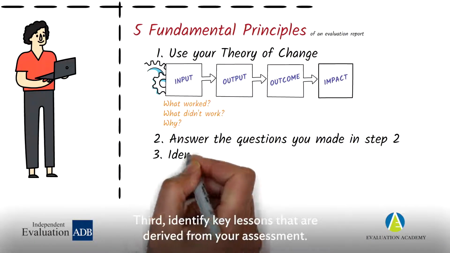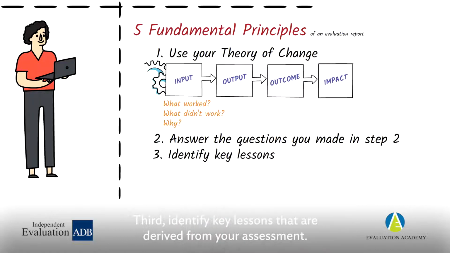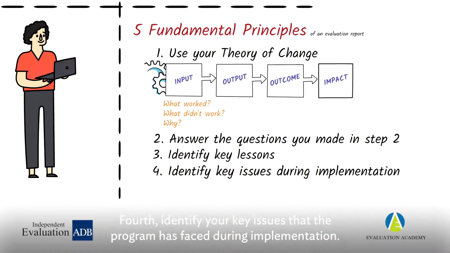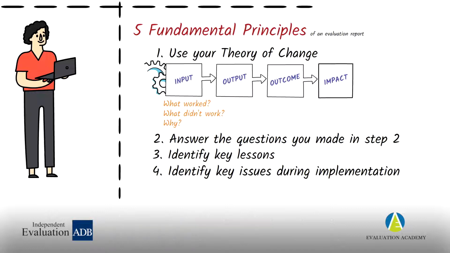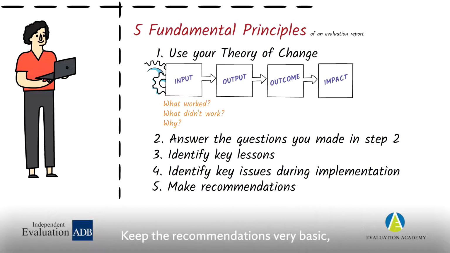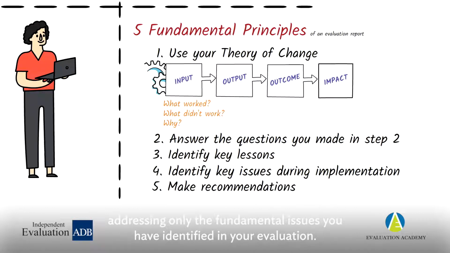Third, identify key lessons that are derived from your assessment. Fourth, identify the key issues that the program has faced during implementation. And finally, fifth, write your recommendations. Keep the recommendations very basic, addressing only the fundamental issues you have identified in your evaluation.